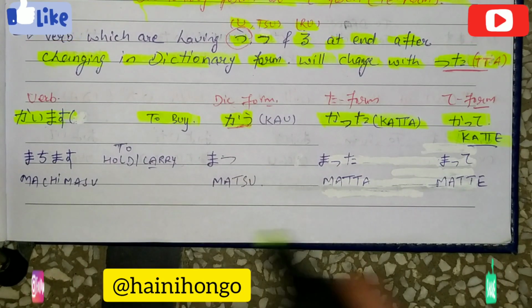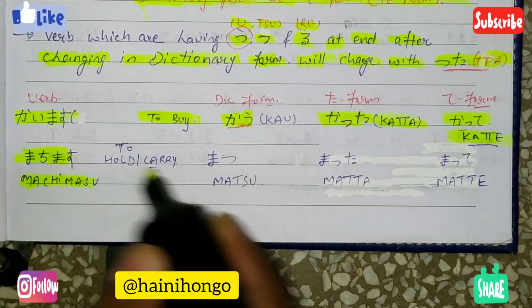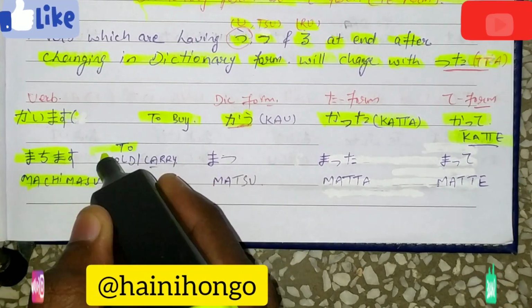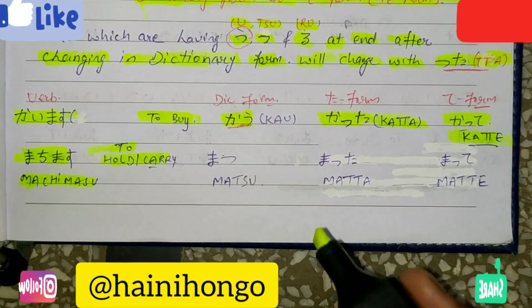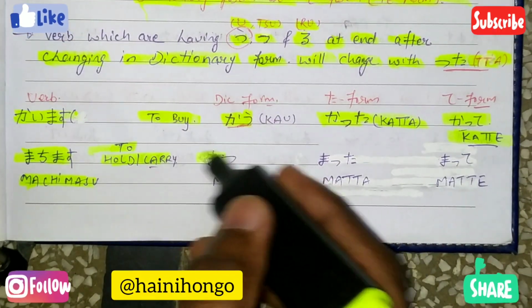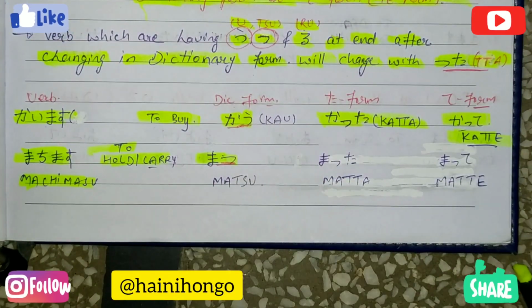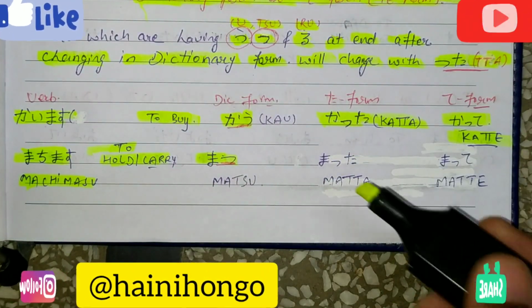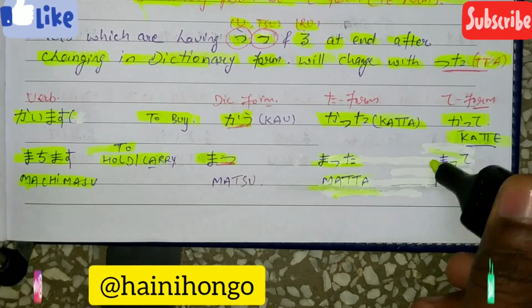Same as machimasu. Machimasu means to wait, to hold. The dictionary form of machimasu would be matsu. So the ta form would be matta and the te form would be matte.